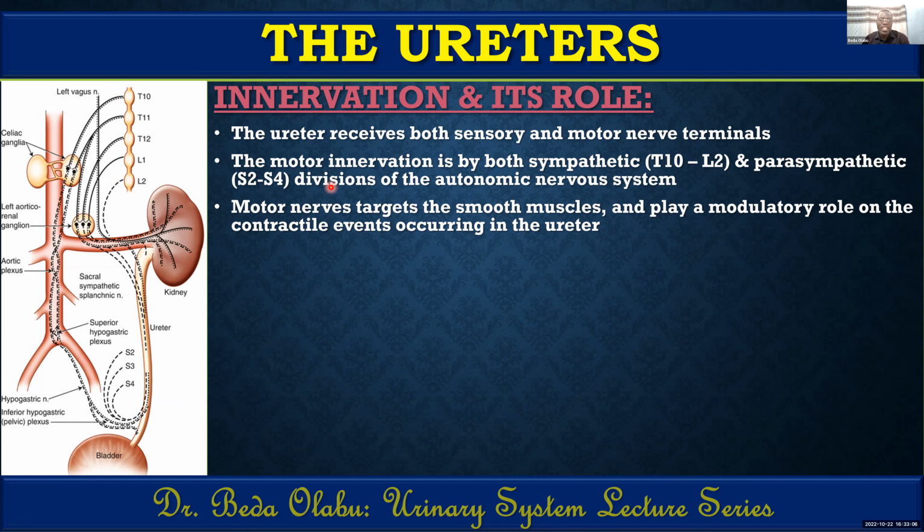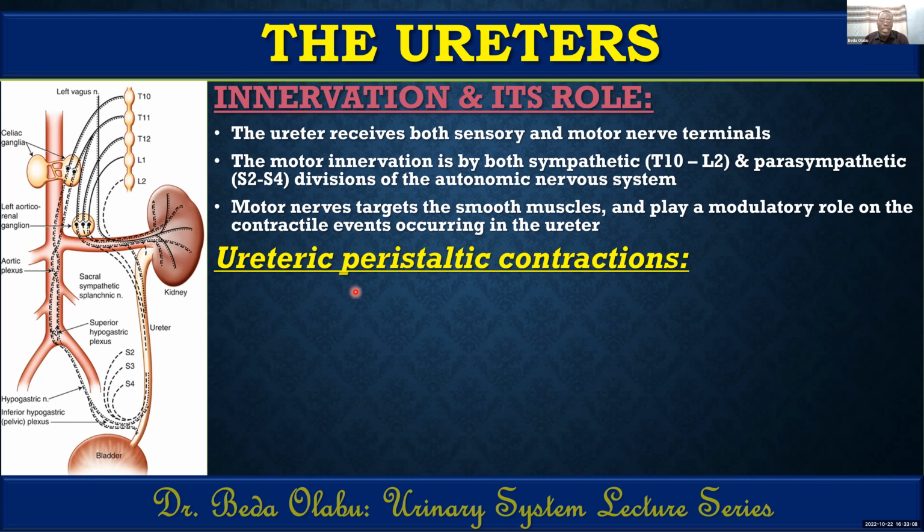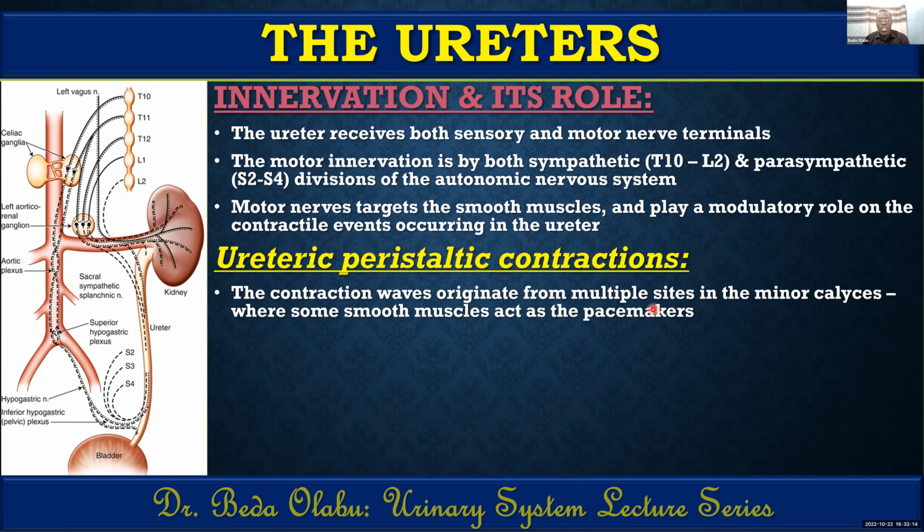So maybe at that point, it's good to talk about the contractions which are experienced within the ureter. The ureter usually has contractile waves that originate from multiple sites within the wall of the minor calyces, having mentioned that minor calyces have smooth muscles. So there are some smooth muscles within the minor calyces that function as pacemakers.